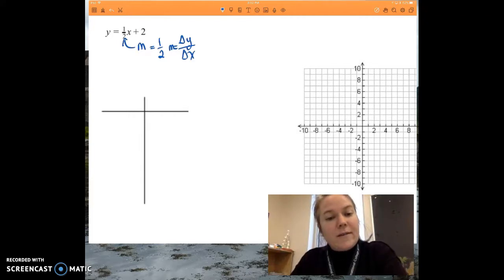So we have a variety of ways of finding the slope, and we're going to look at 3 different ways today.